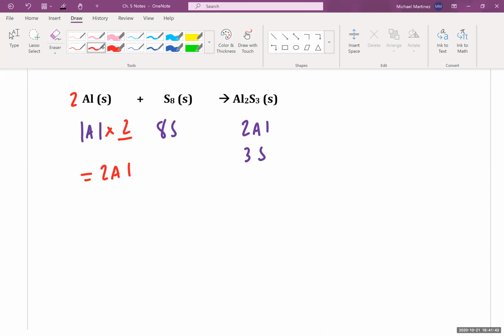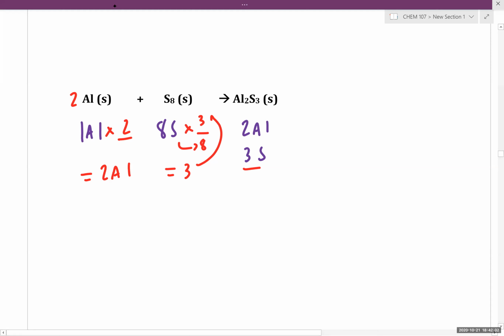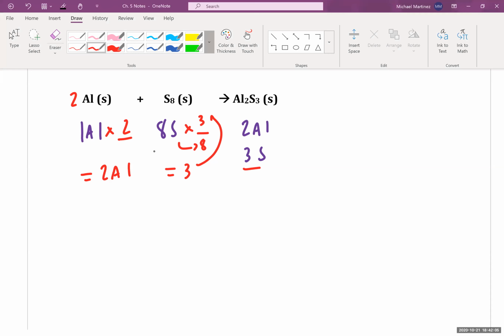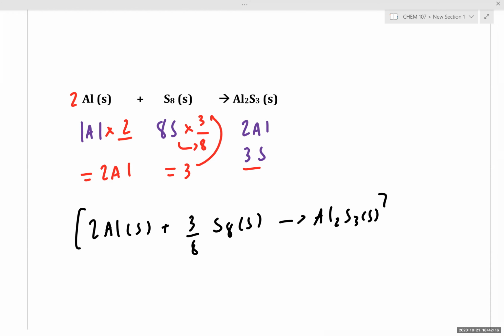Okay. So next, if we have 3 sulfurs on the right and 8 sulfurs on the left, what fraction can we put to give us 3? 3/8, yep. And in turn, now that we write in our preliminary fractional balanced chemical equation, we then can multiply all of our coefficients by our denominator.